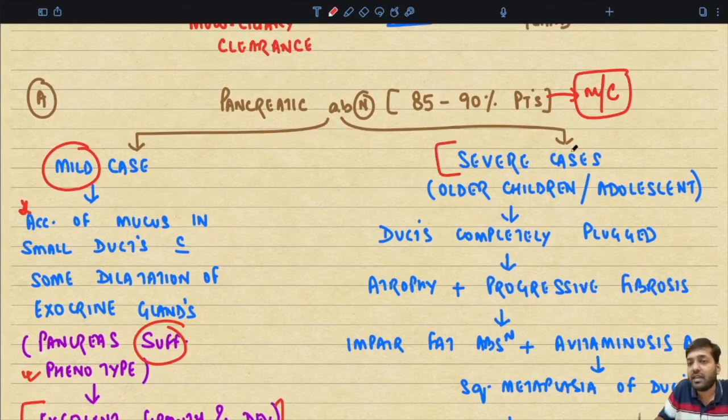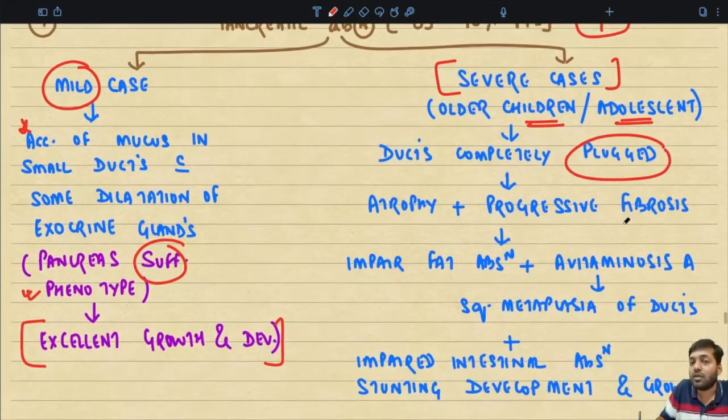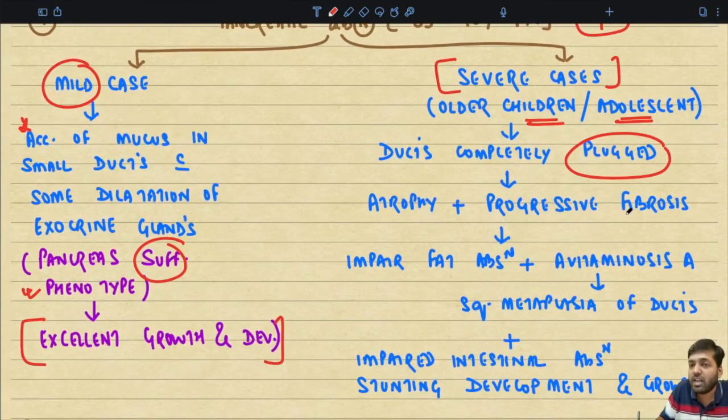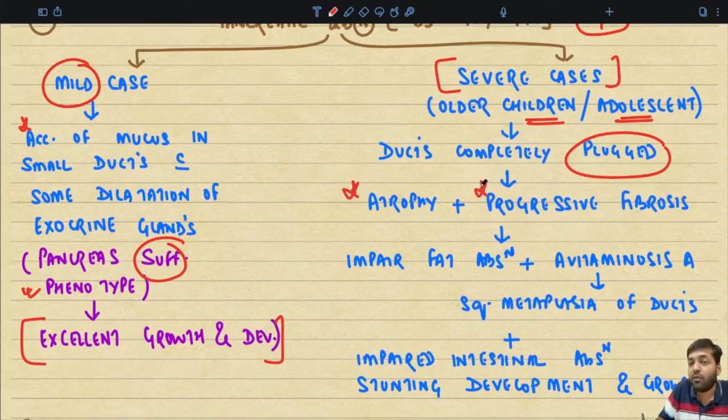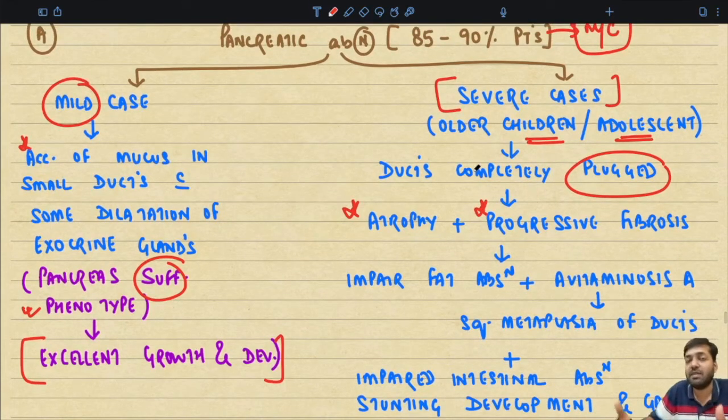But in severe cases, presenting in older children and adolescents, the ducts are completely plugged. That causes blocking of the duct. There are subsequent infections, so there is more inflammation, ultimately causing atrophy and progressive fibrosis. Now we all know that the pancreas releases certain enzymes like pancreatic lipase, which is responsible for fat absorption.